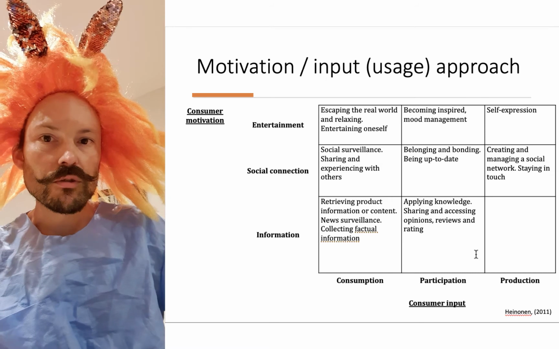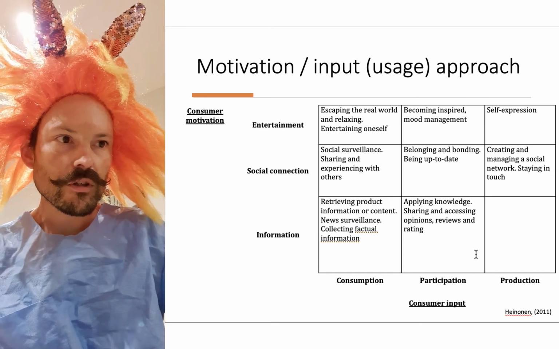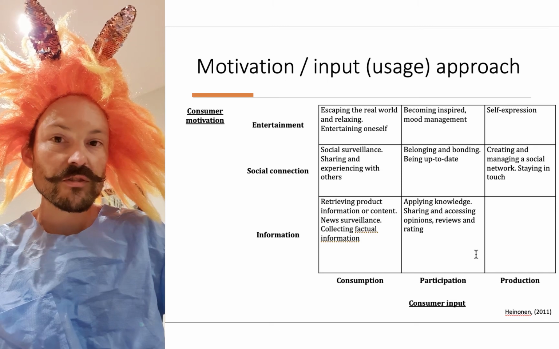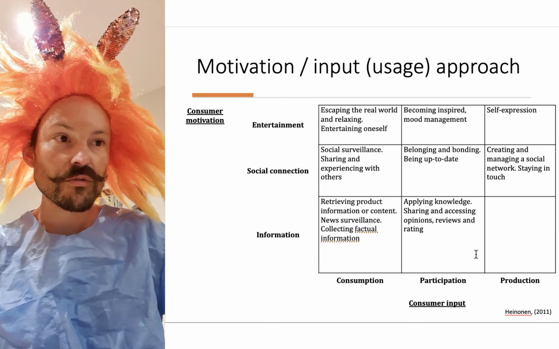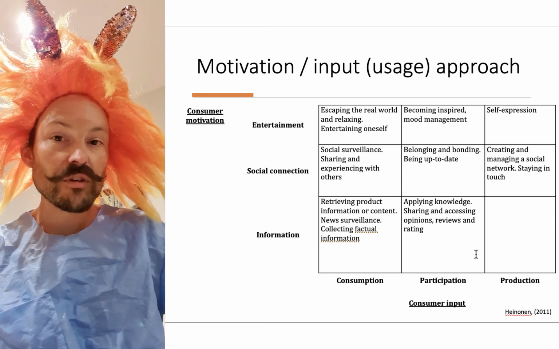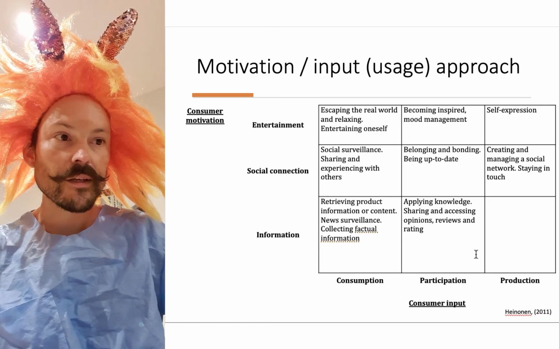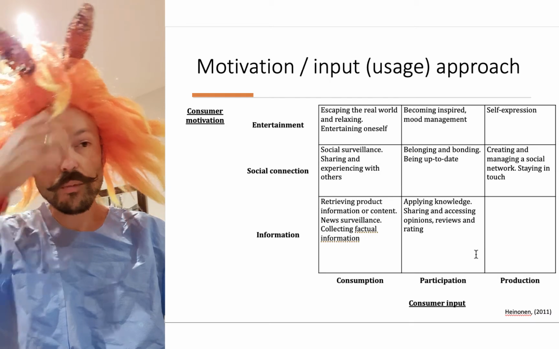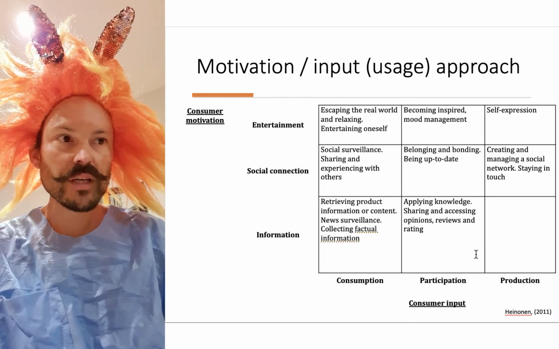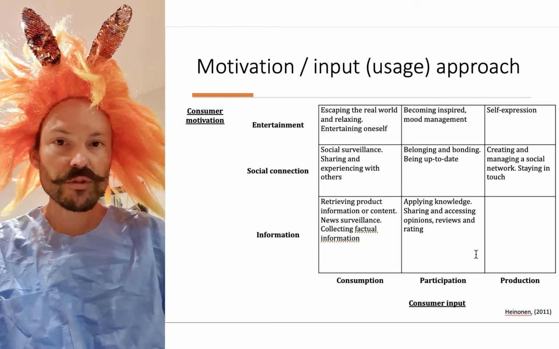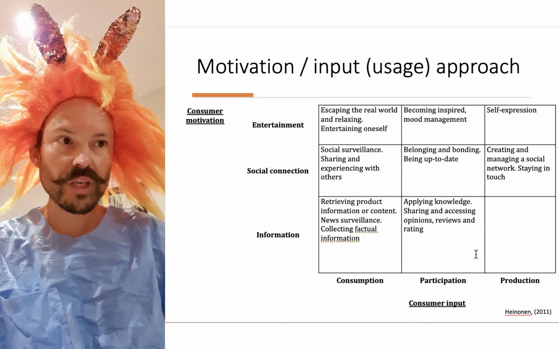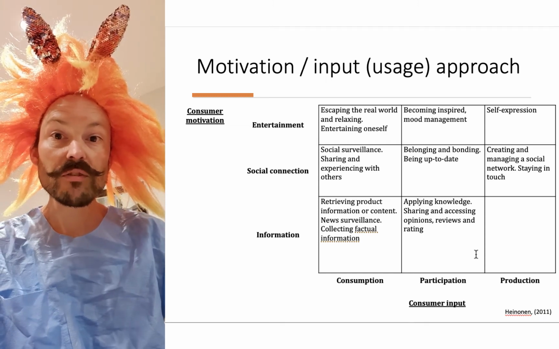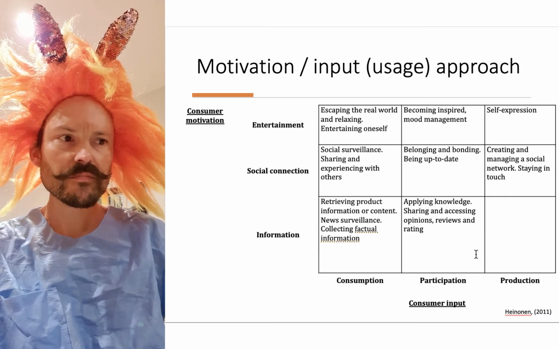Those that are into social connections will more be about social surveillance, so looking at what your friends are doing on Facebook, sharing various types of content, and experiencing with others. Those that are motivated by entertainment and consumption will then be about escaping from the real world, relaxing, and just entertaining yourself.